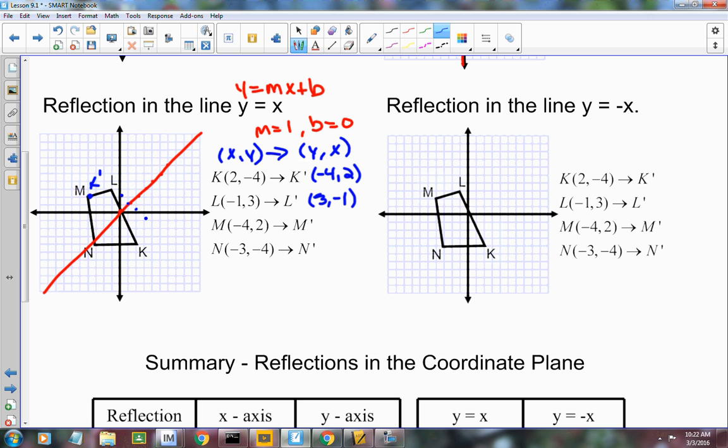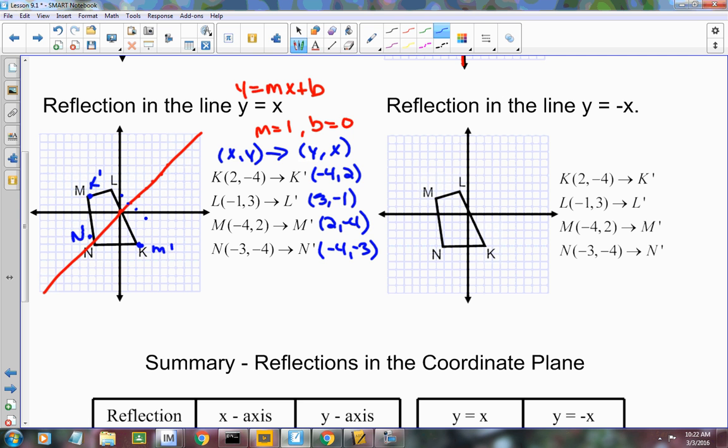So what would the coordinates for M prime be? 2, negative 4. And the coordinates for N prime? Negative 4, negative 3. So 2, negative 4, my M prime is going to be down here. And my N prime, 1, 2, 3, 4, 1, 2, 3.